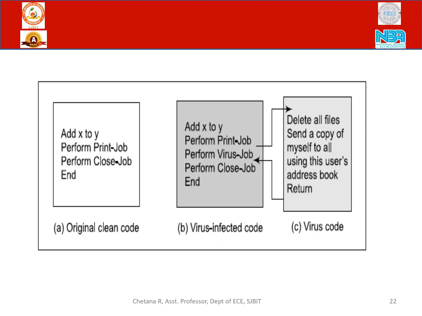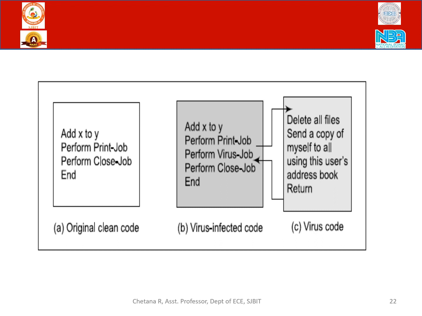And when you see what is the virus job, what is that virus code being written? Delete all files. Send a copy of myself to all using this user's address book. So if it is an email, the email addresses would be in the address book.